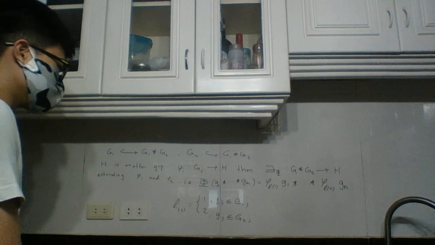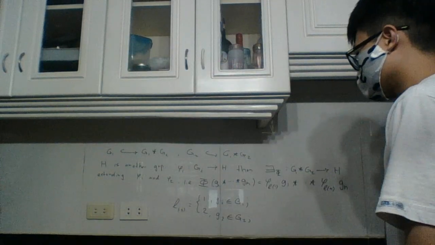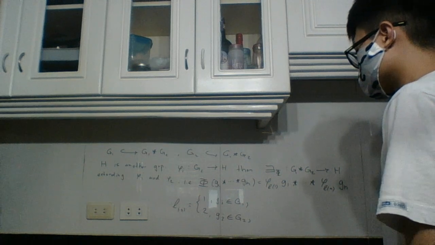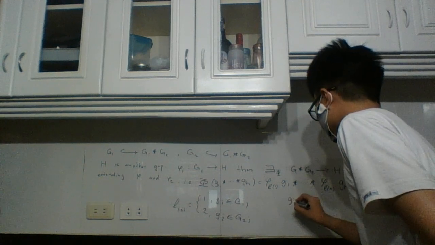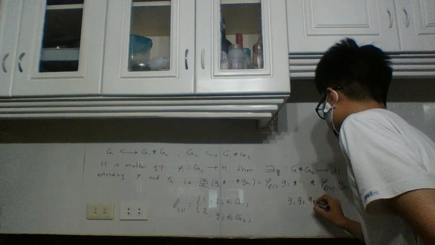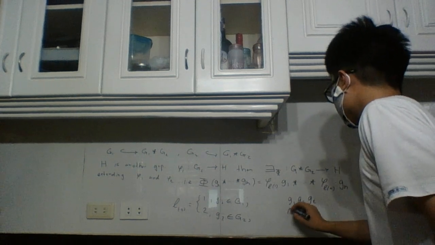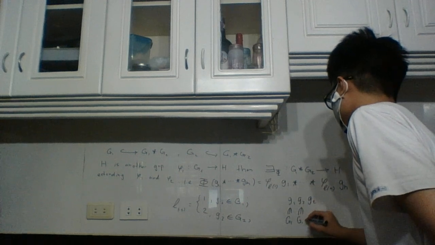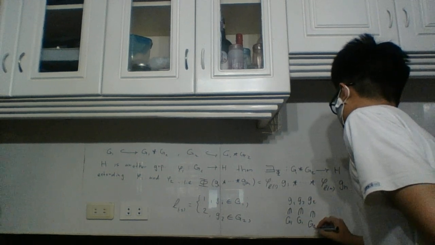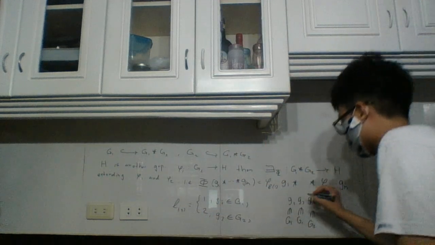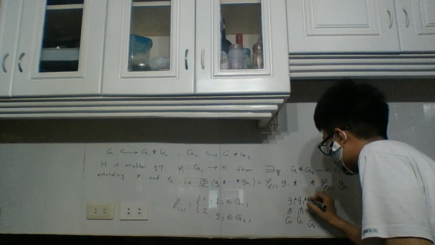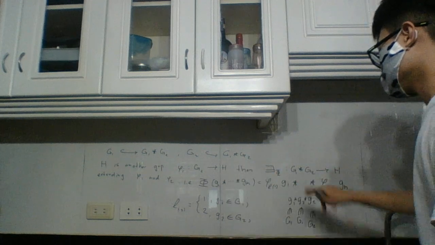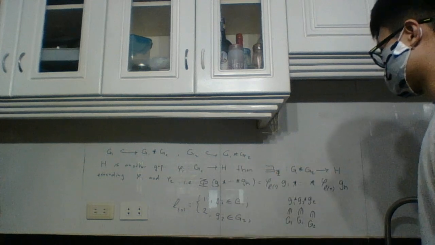In fact, you'll see that. So if I have a string, the word G1, G3, G2, wherein G1 is inside capital G1, G3 is inside capital G1, and G2 is inside capital G2. This string, if we asterisk it, all of these are inside the free product, right?